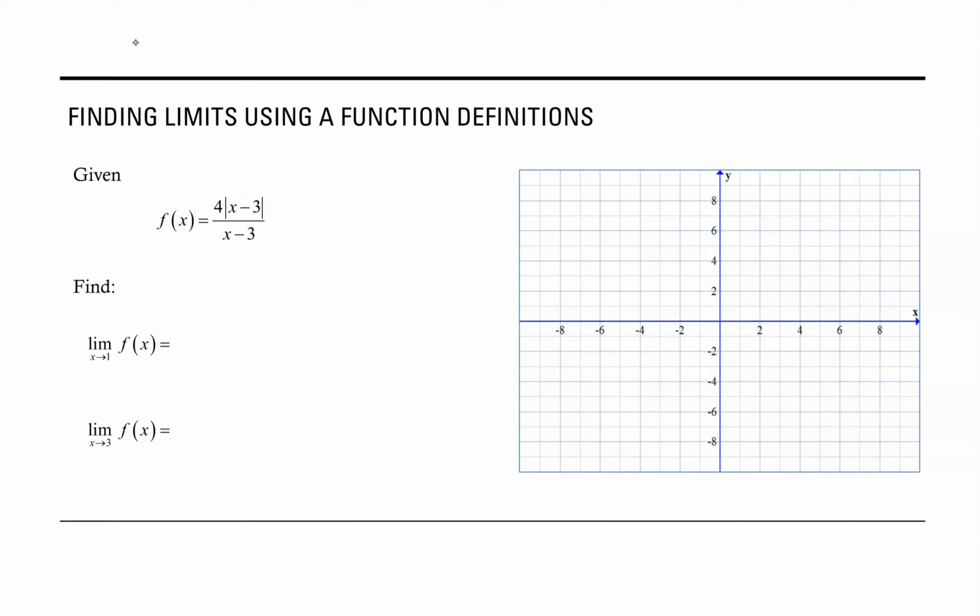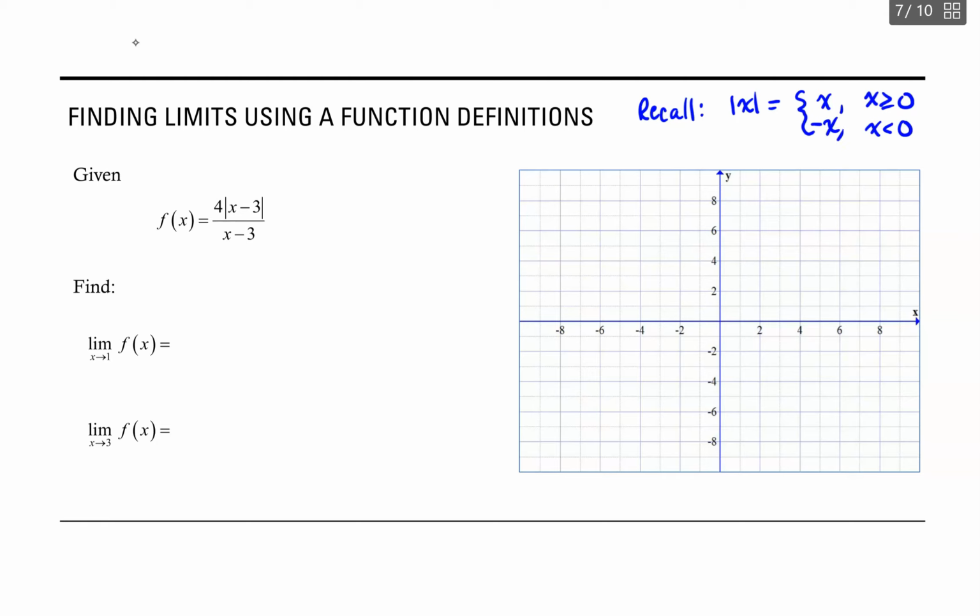So recall that the definition of absolute value, the absolute value function, gives us the value of x if x is greater than or equal to 0. If x is less than 0, it gives us the opposite of x.